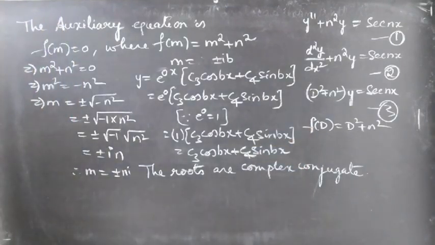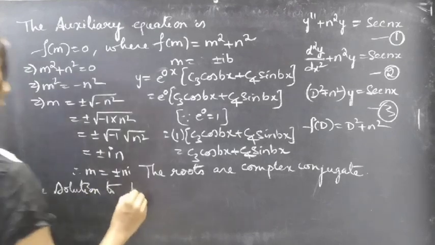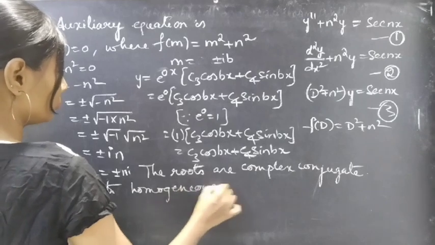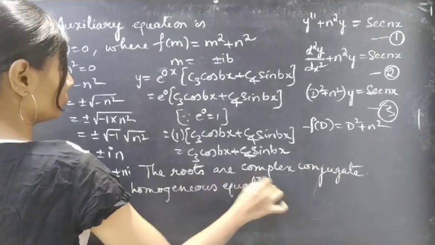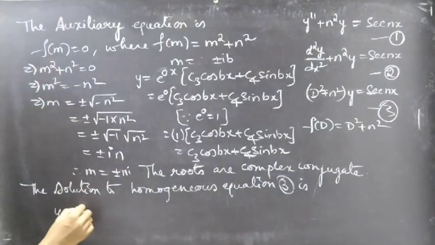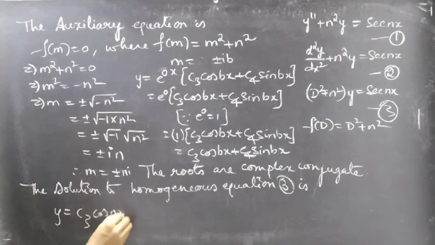Now coming to our solution to the homogeneous equation. The solution to the homogeneous equation is y equal to c3, just compare plus or minus ni with plus or minus ib, then for b equal to n we'll have c3 cos nx plus c4 sin nx.